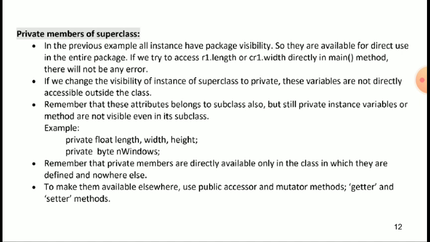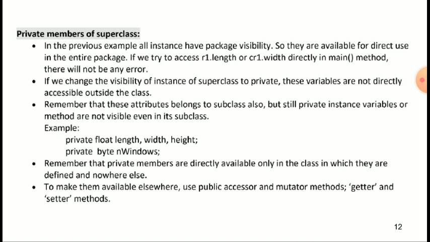If we change the visibility of instance variables of the superclass to private, these variables are not directly accessible outside the class. Remember that these attributes belong to the subclass also, but still private instance variables or methods are not visible even in its subclass. So that is the example: private float length, width and height, private byte number of windows.